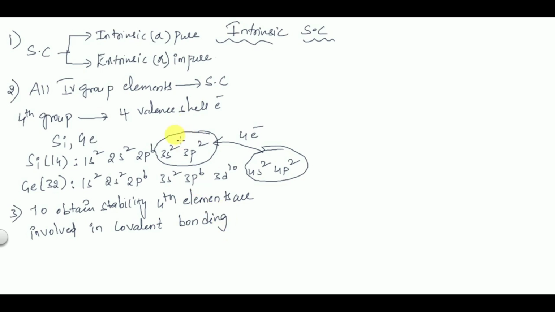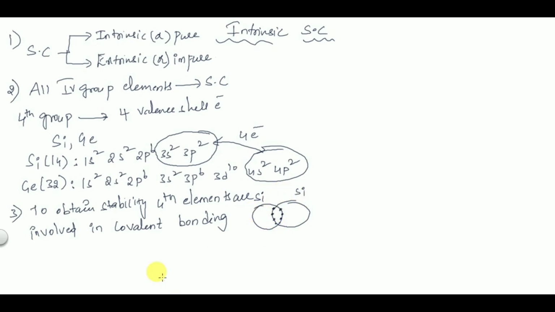Suppose this is one silicon atom and this is another silicon atom. There are 4 electrons in the valence shell of each.